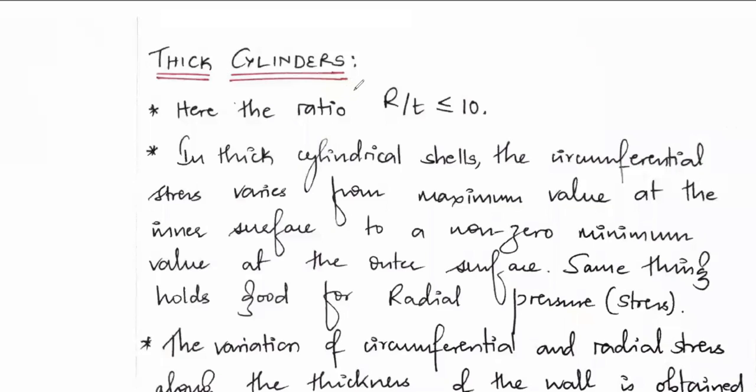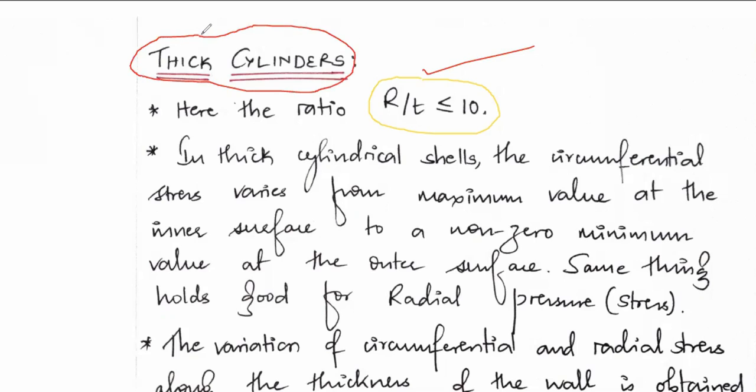Fixed cylinders are the pressure vessels where the R by T ratio is less than or equal to 10. If it is greater than 10, then it comes under the category of thin cylinders. Right. So as of now, it is less than or equal to 10, and that is the reason I call them fixed cylinders.